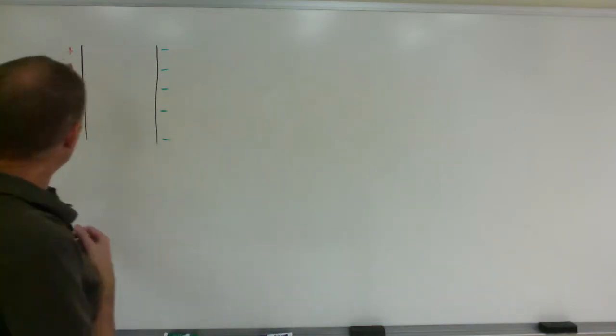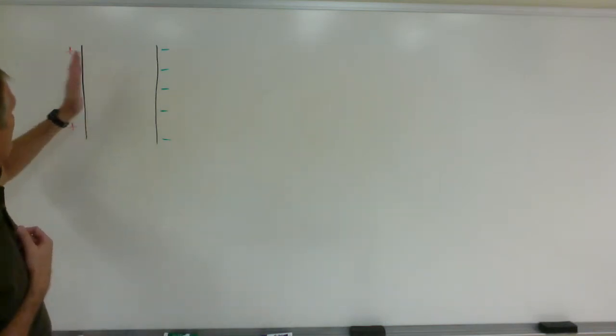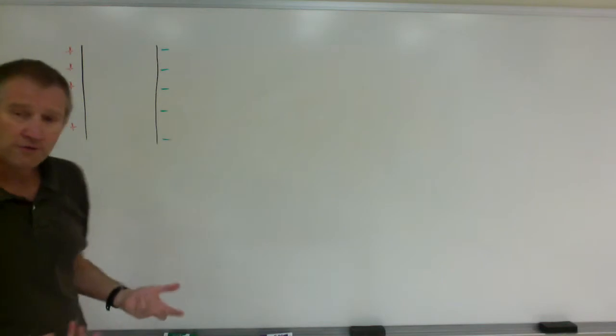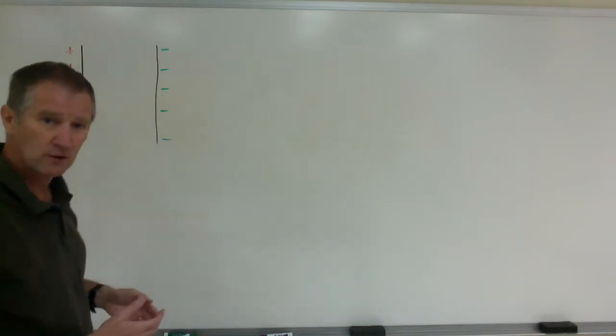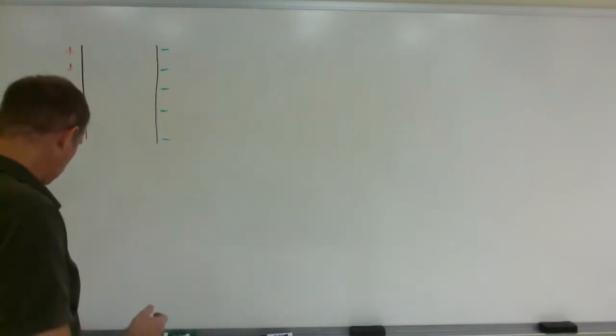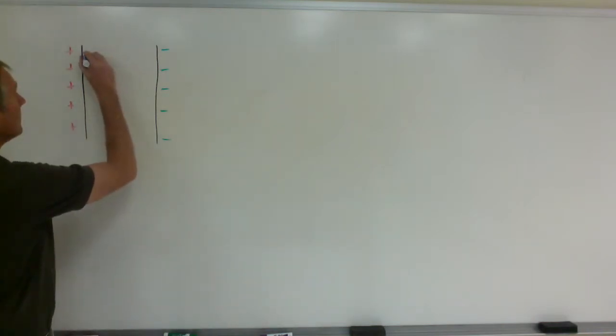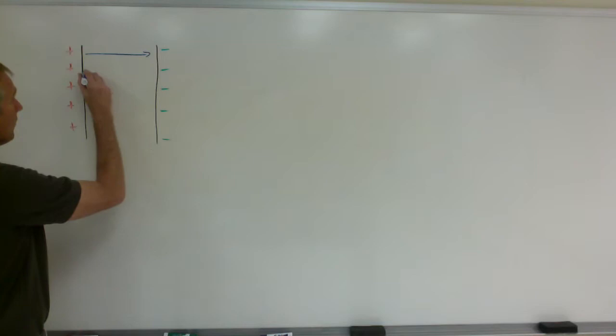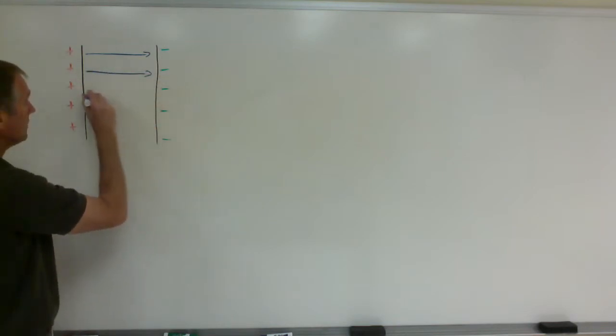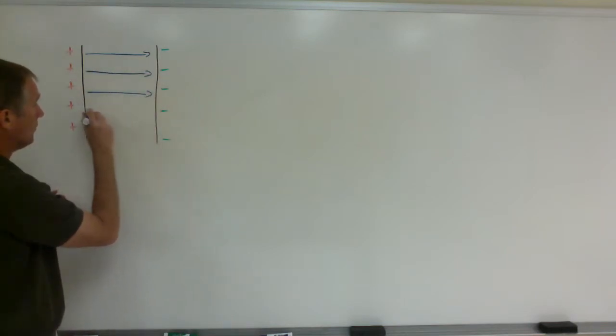Okay, when you have a situation like this, you have what's called a uniform electric field between the two spaces. So the field between the two spaces does not weaken the further away you get from the positive charge. It stays constant or uniform throughout.